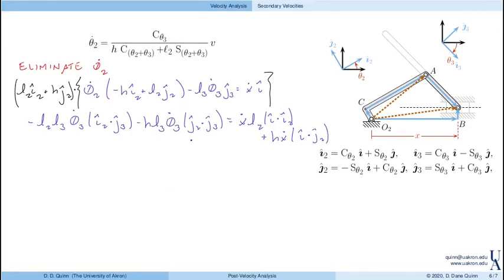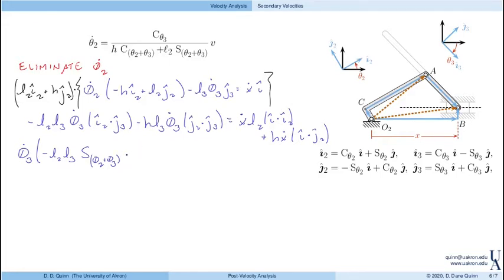So we can calculate all of these dot products, and we end up with the following. Theta 3 dot times minus L2 L3 I2 dot J3. Turns out that that's sine of theta 2 plus theta 3.